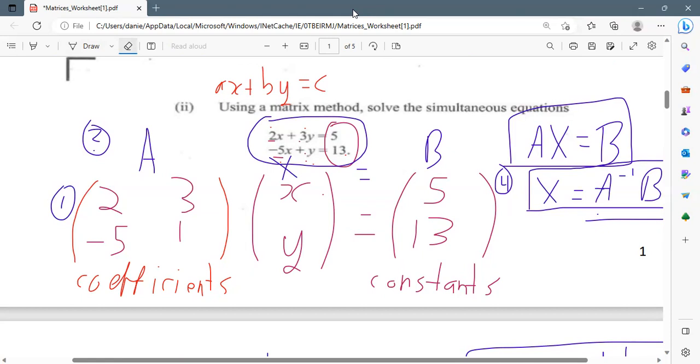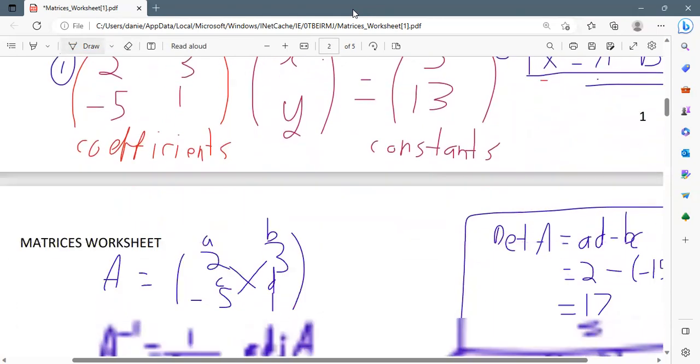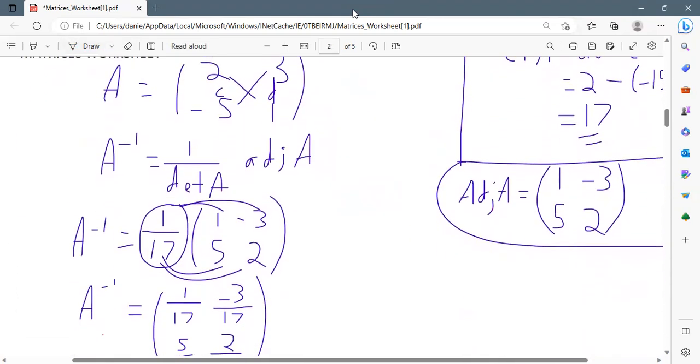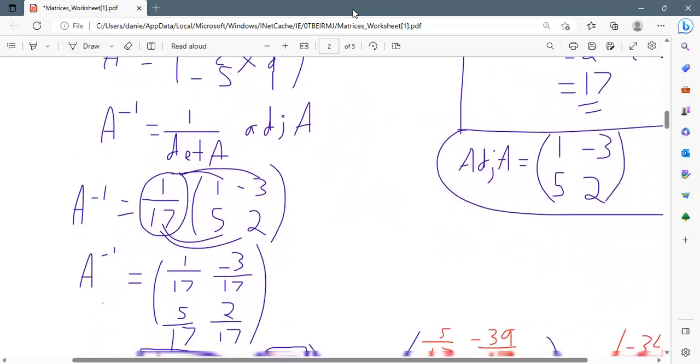After you get it in that form, you just use the equation AX is equal to B. After you label it, the coefficient matrix is A, the unknowns are X, and the constants are B. You obtain this equation and solve for X. You'll obtain A inverse by B, so you'll notice you don't have A inverse yet. So you go solve for A inverse, which is 1 over the determinant times the adjoint.